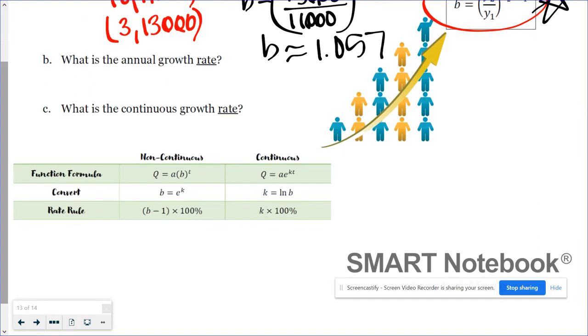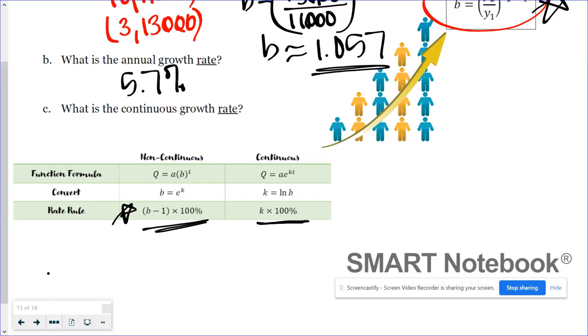Part B asks, what is the annual growth rate? According to our table below, for non-continuous functions, we want to go base minus 1 times 100%. So if I do that with my b value of 1.057, I'm going to get 5.7%. Now, the continuous growth rate, according to our table, is k times 100. I need to know what k is, which is equal to the natural log of b.